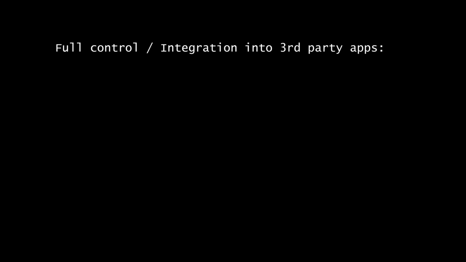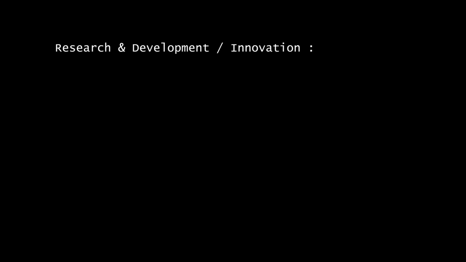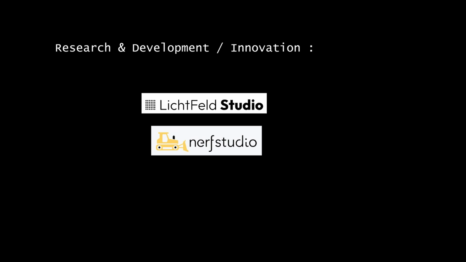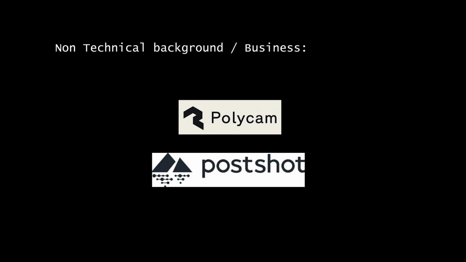If your goal is full control and integration into third-party apps like Unity or artificial intelligence pipelines, then you might want to focus on GS Splat and Nerf Studio. If you want high-end research and development and innovation work, you might want to focus on Nerf Studio or Instant Splat. And if you have a non-technical team or you want to use them for business, then Polycam or PostShot are the best tools.